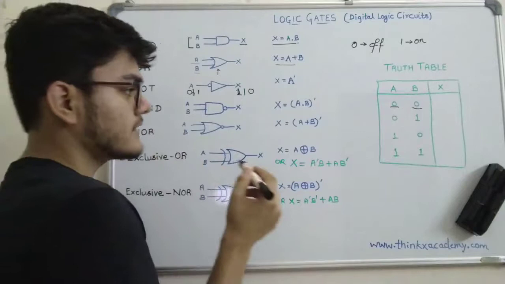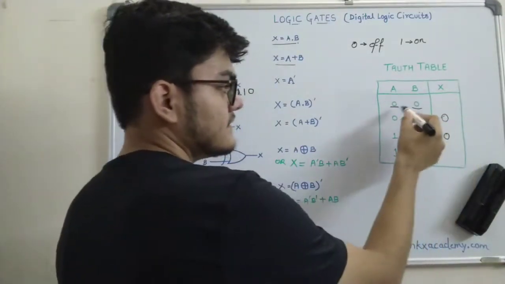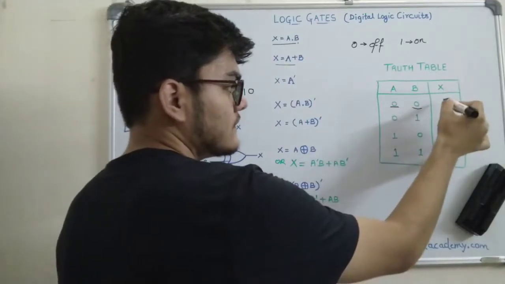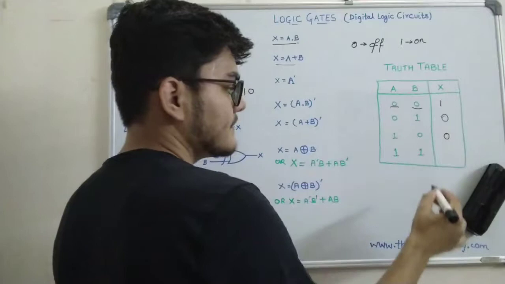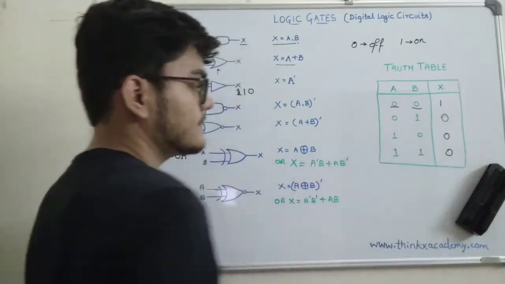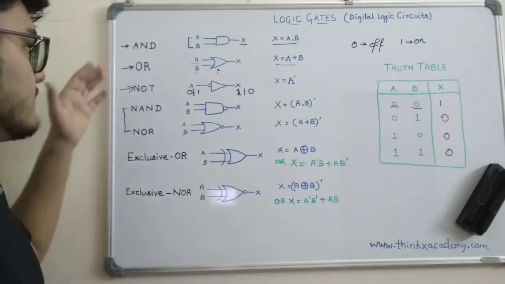But since this is a NOR gate, we are going to make it 0. And since both the signals are 0, the OR operation will give 0, but we will write 1 here. And similarly here also. So these are the 5 gates that we have done.